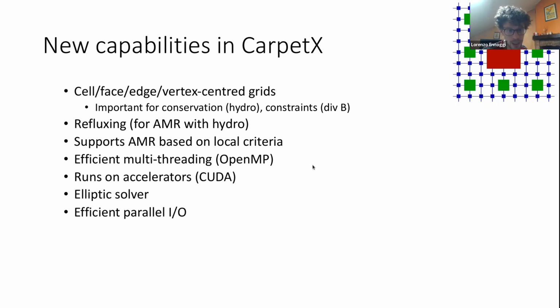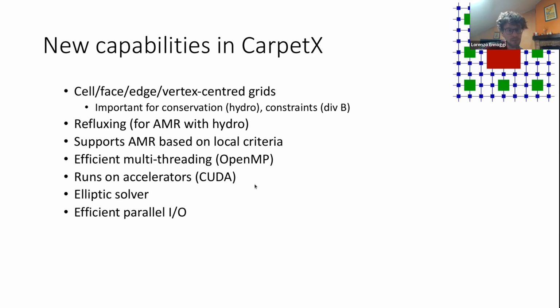This means that you imagine you have your cell, you associate some kind of error to your numerical cell, and you decide on a threshold, which is user defined, and if in that cell this error goes above your threshold, then you refine. So it's really local and it's really adaptive.